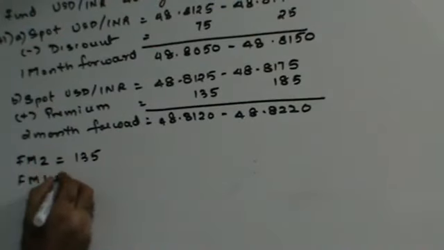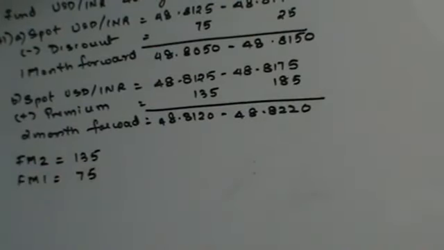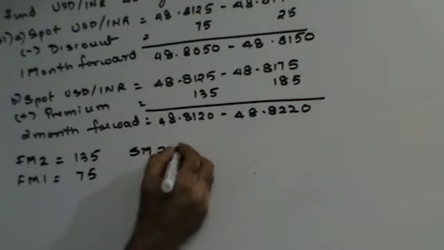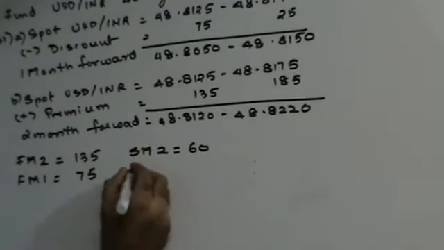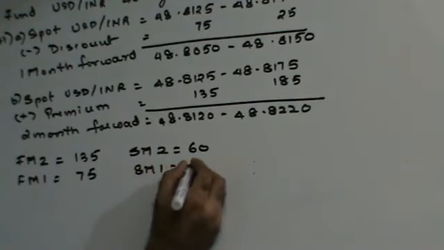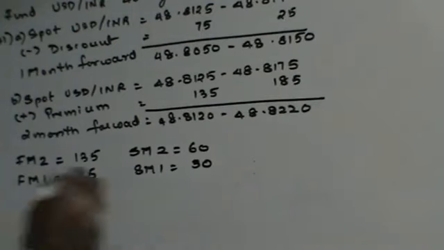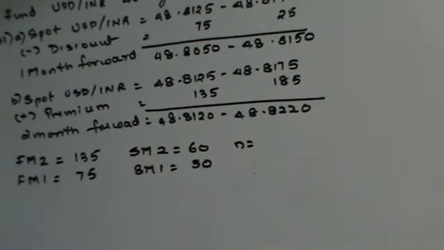Forward margin of first period is 75. Standard maturity of second period, 2 months, is 60 days. Standard maturity of first period, 1 month, is 30 days. Okay. Now, N. After 30 days, to get 40 days, I need 10 days more. So that is plus 10. Fine, do we get this thing clear?